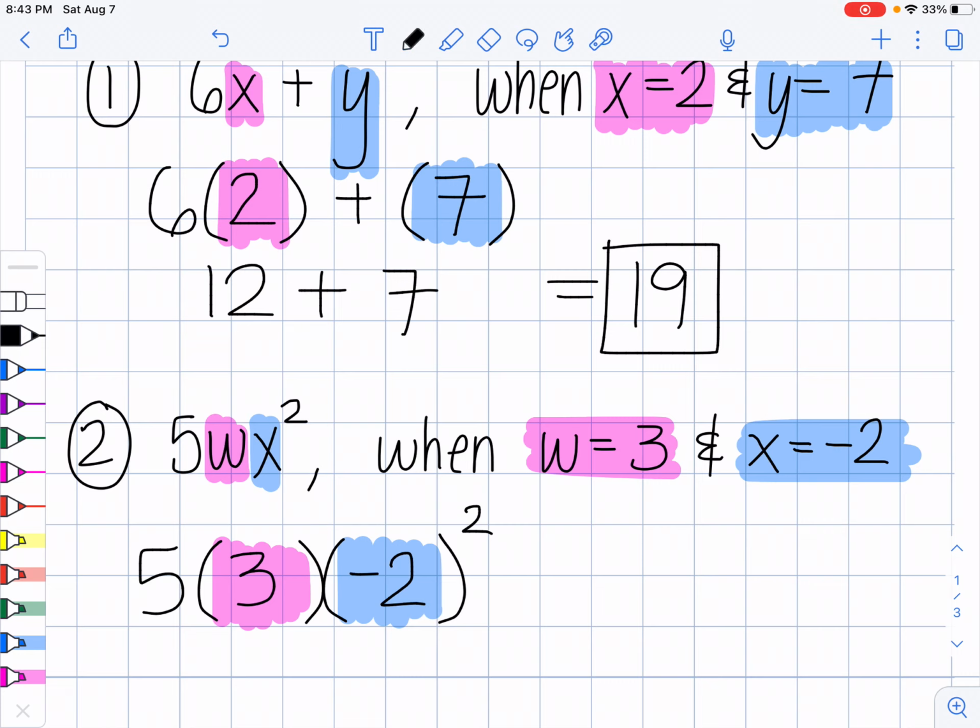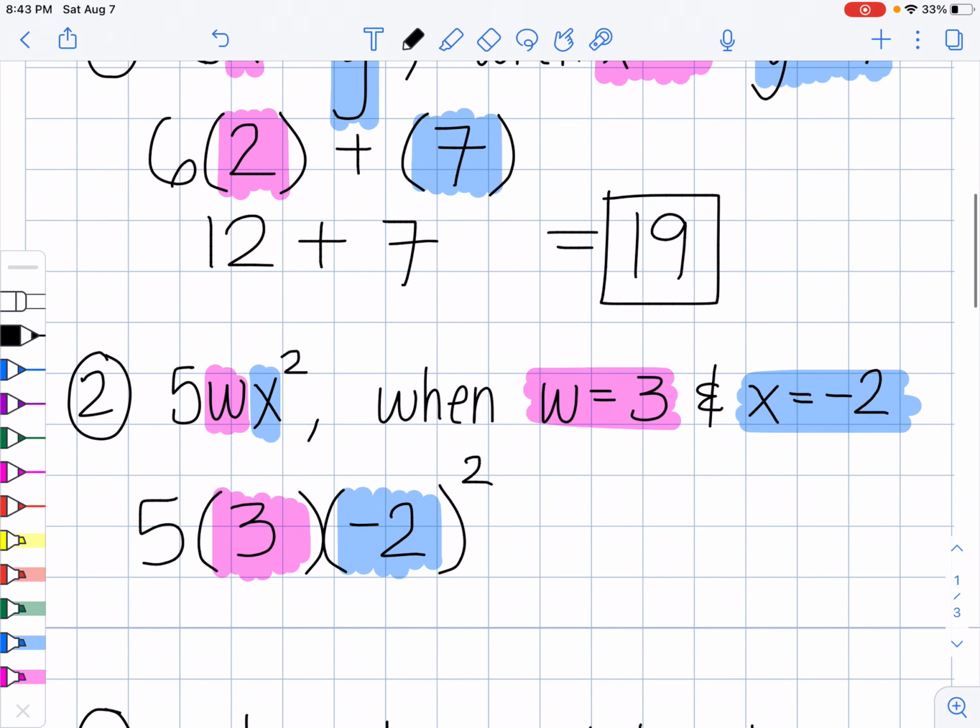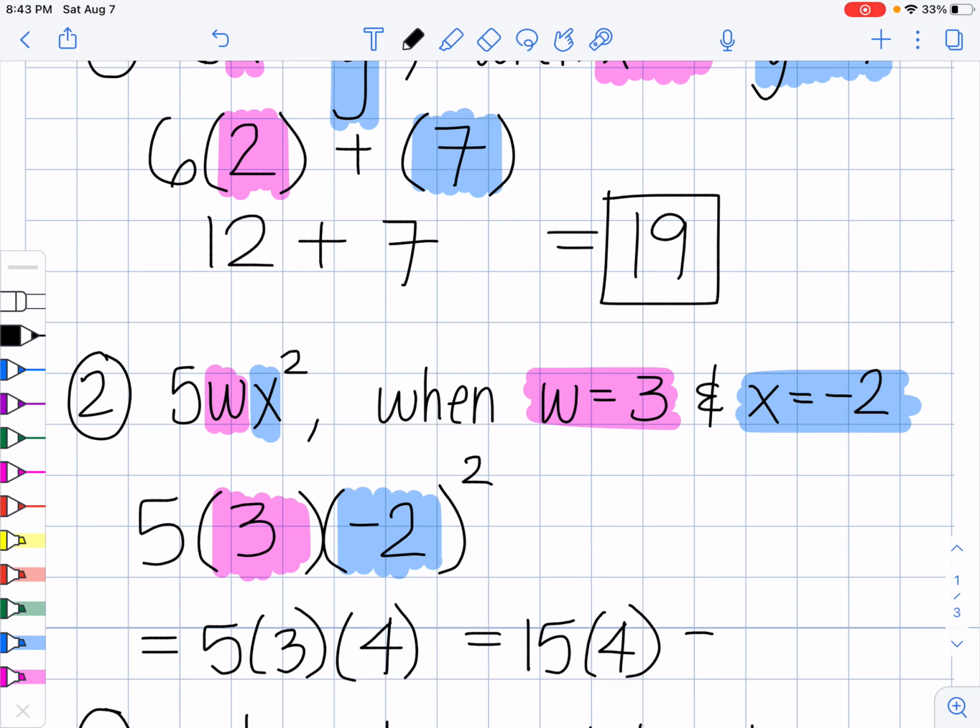Remember, -2 squared means -2 times -2, which is +4. So this is going to give me 5 times 3 times 4. And then we're just going to multiply this from left to right. 5 times 3 is equal to 15. And then 15 times 4 gives me 60. So here's my final answer.